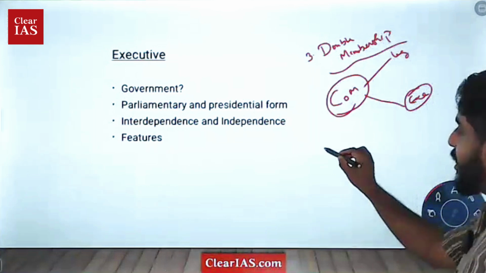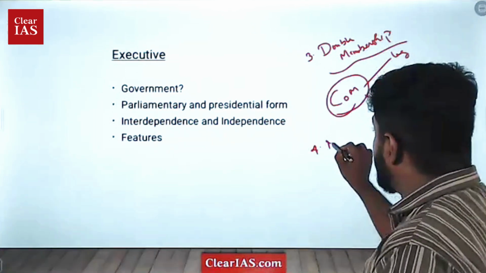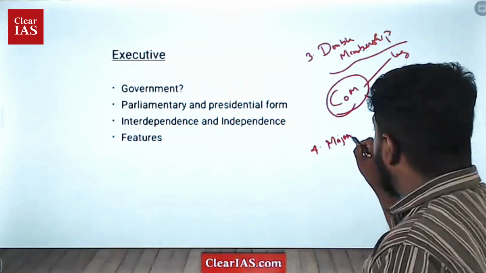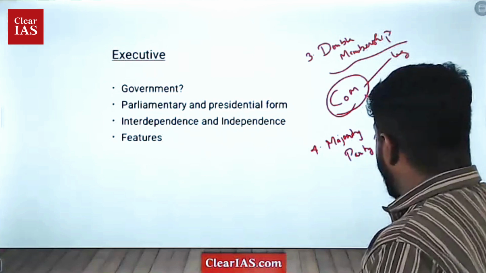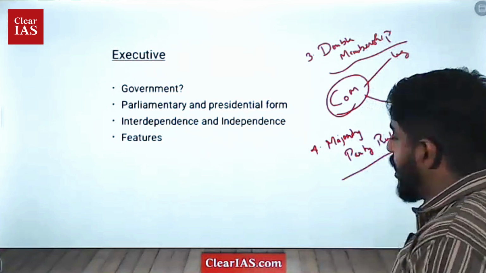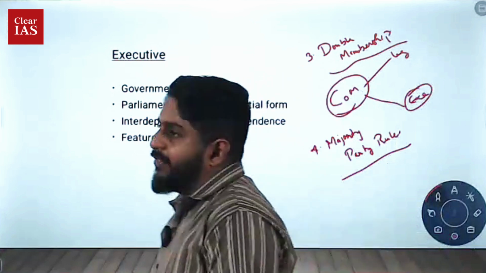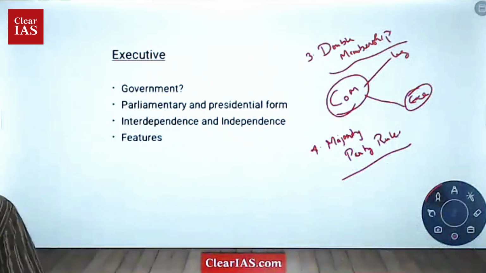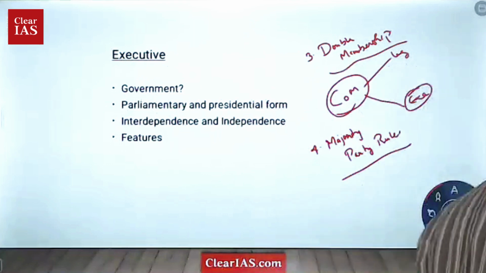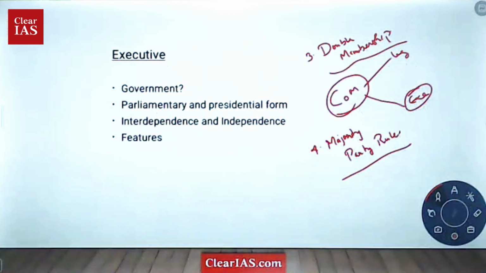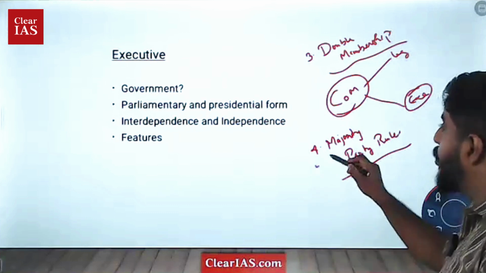Now, feature number four is majority party rule. It is quite familiar for you. This is the election time. The party which gets the majority seats in Lok Sabha is going to rule the country, and that is majority party rule.